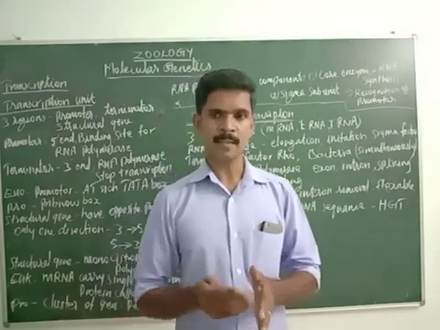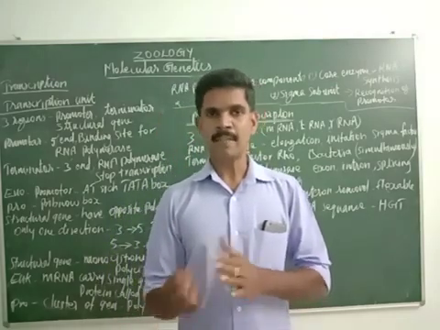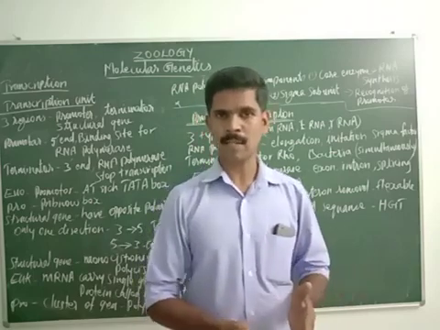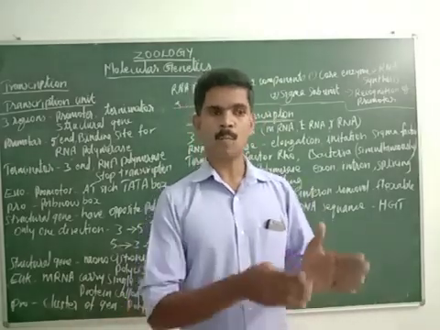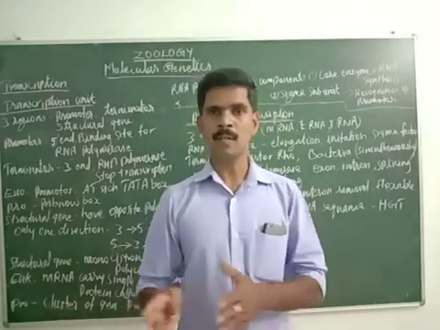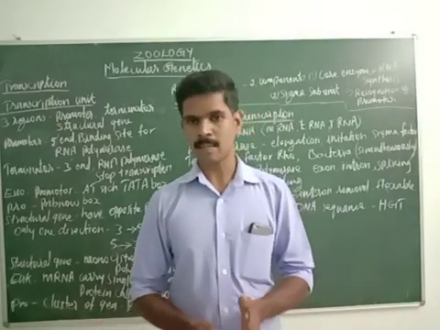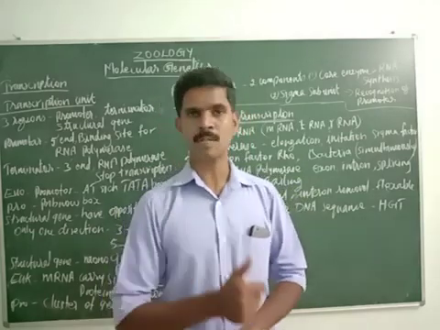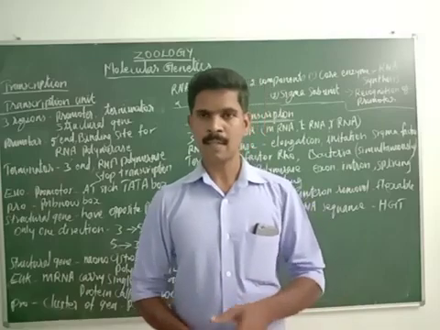That means these introns can be transferred between two eukaryotic organisms, or between two prokaryotic organisms, or between one eukaryotic and one prokaryotic organism. And this horizontal gene transfer plays a very important role in the evolution of life. Understand, my dear students? So I repeat the last point.